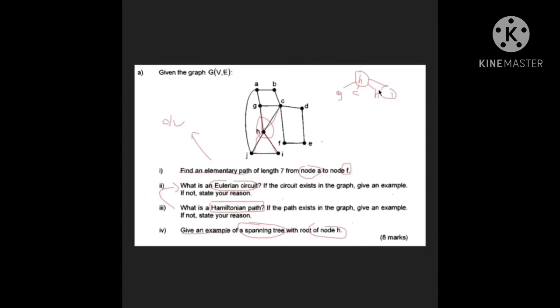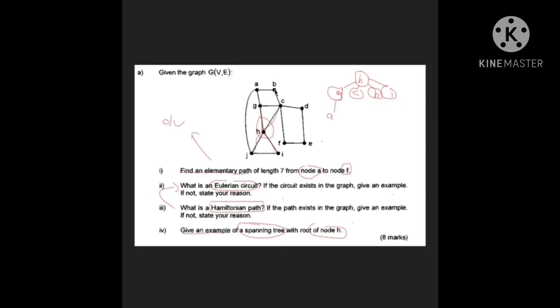Next, we just need to find out what H connects to, which is G, C, J, and I. This is the first level, and this is the first answer.